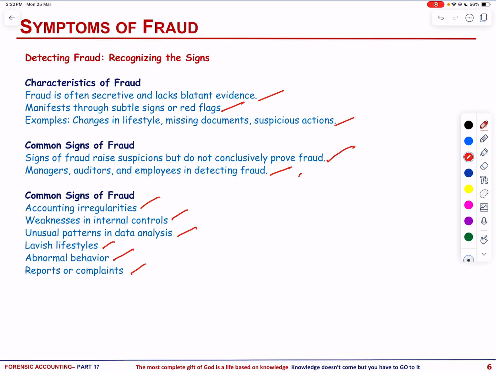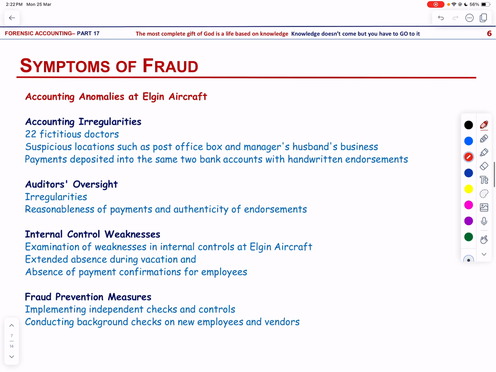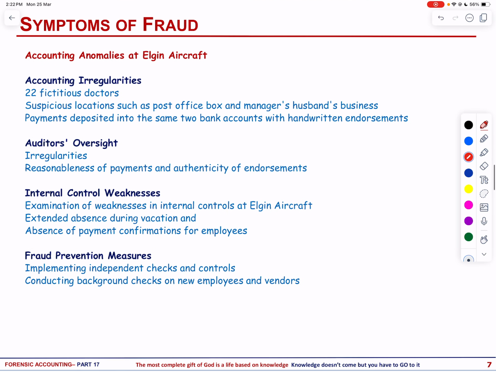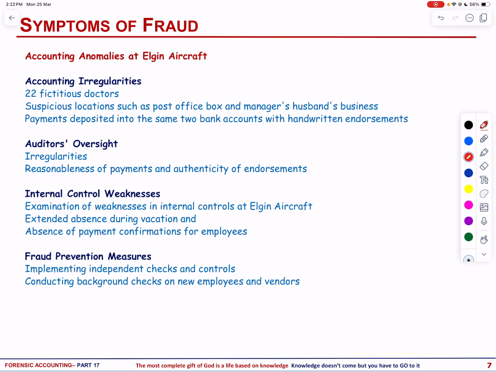First, let us show how these signs could have exposed the fraud at Elgin Aircraft. At Elgin Aircraft, accounting irregularities were evident in the submission of fraudulent claims forms by 22 fictitious doctors. Now, these forms originated from suspicious locations such as a post office box and a business owned by the manager's husband.